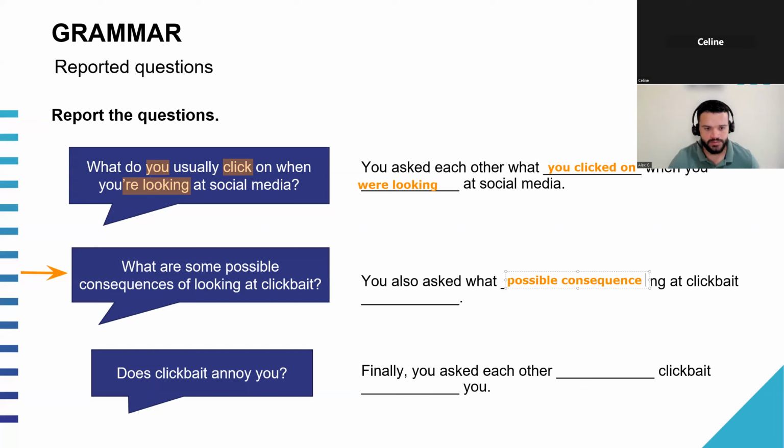Very good. What possible consequences of looking at clickbait are, right? We need the verb to be. We have to make sure that we follow the verb. Very good. So, were. You asked what possible consequences of looking at clickbait were. Very good. And then we have one more, Celine. What about this one here?